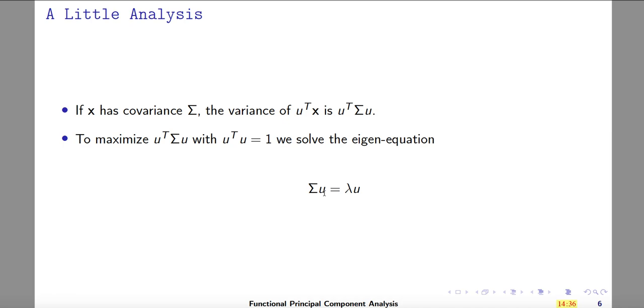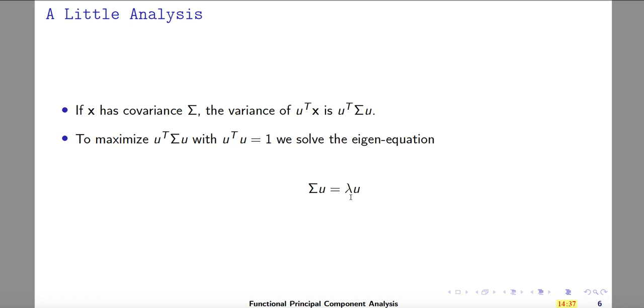Basically we will solve the eigenequation: capital sigma times u equals lambda times u. So u will be the eigenvector of sigma, and lambda will be the eigenvalue of capital sigma. This is the basic math behind principal component analysis.